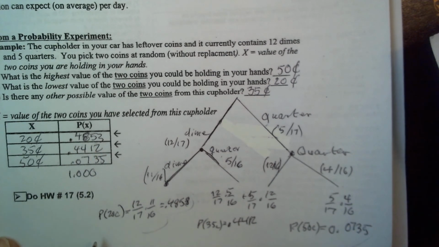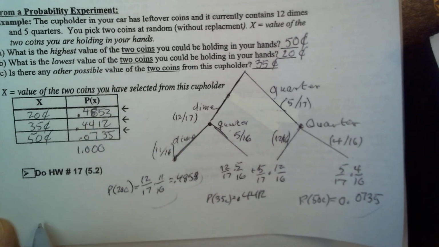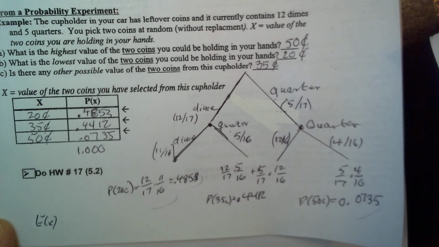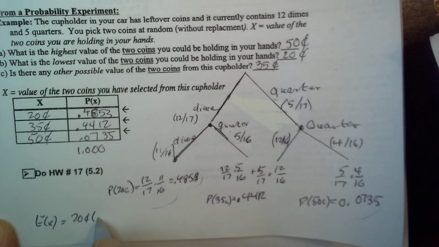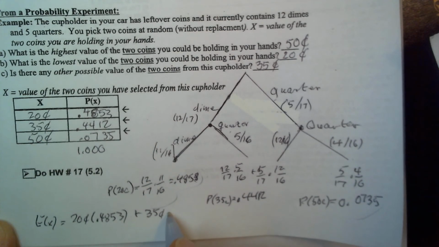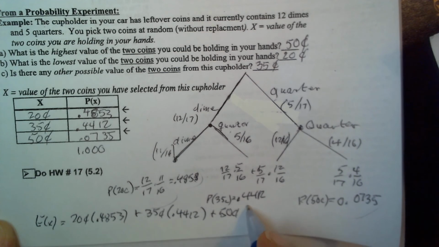So when we do that on the bottom of the page, I hope you can see that okay, the expected value E of X, or what you expect to have in your hands, would be 20 cents times its probability 0.4853, plus 35 cents times 0.4412, plus 50 cents times 0.0735.